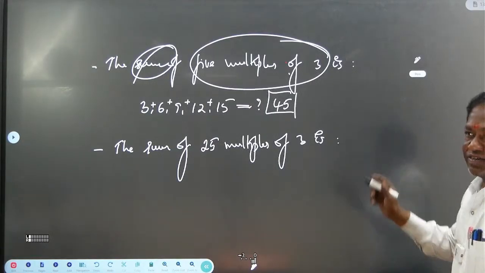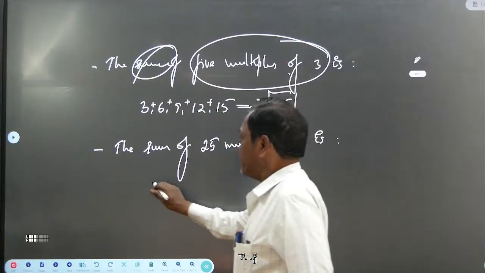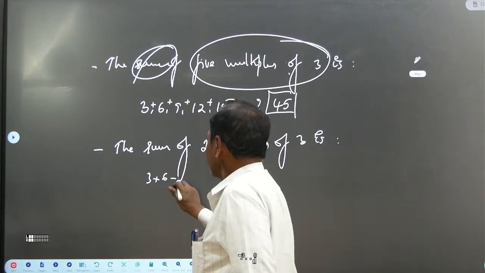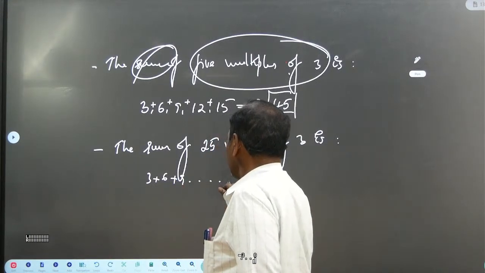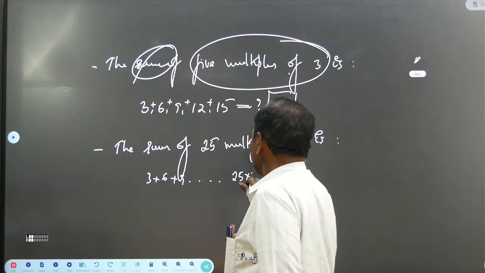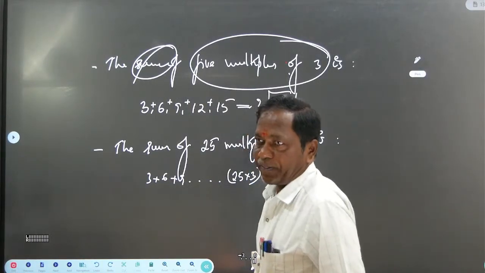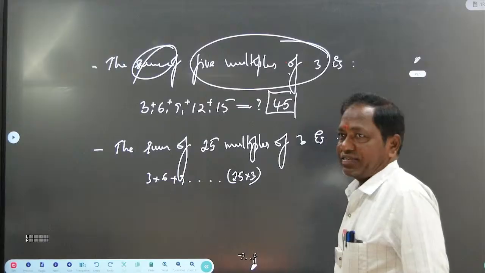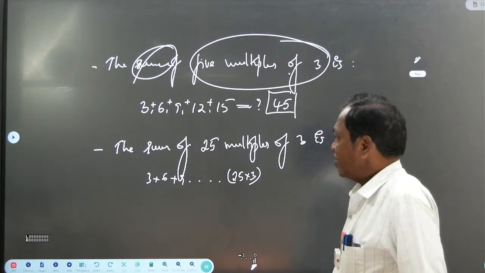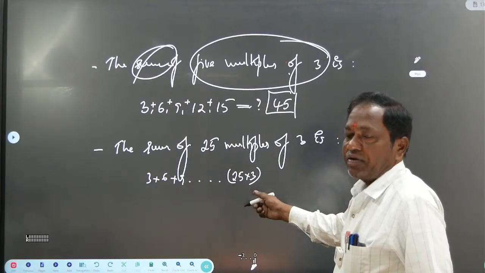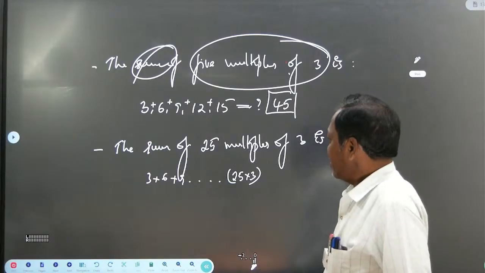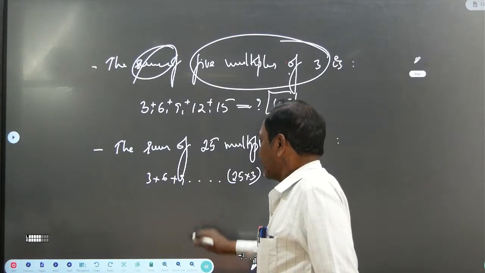You cannot write all of them, but you can download the information first. 3, 6, 9. You should write like this. First, download the information from the question. The last number will be 25 into 3. Like that it will come.